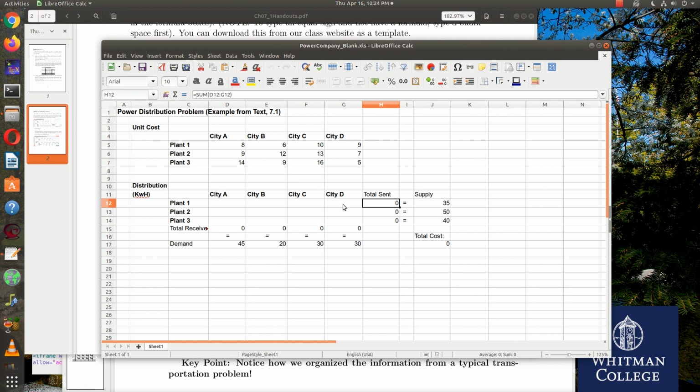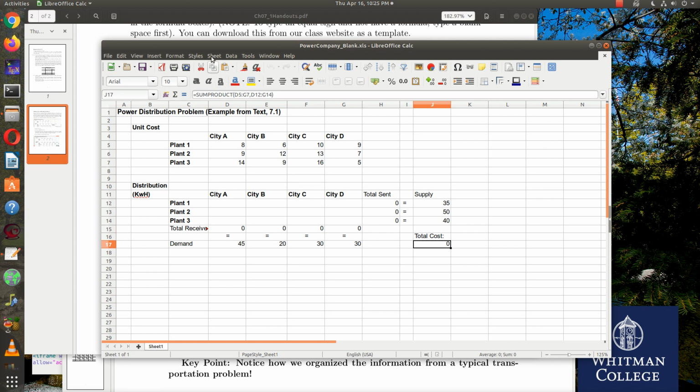These are all formulas that are already written here. And this is my total cost all the way down here, the amount I'm trying to minimize. This is cell J17. I want to minimize my total cost, and that depends on these variables right here.